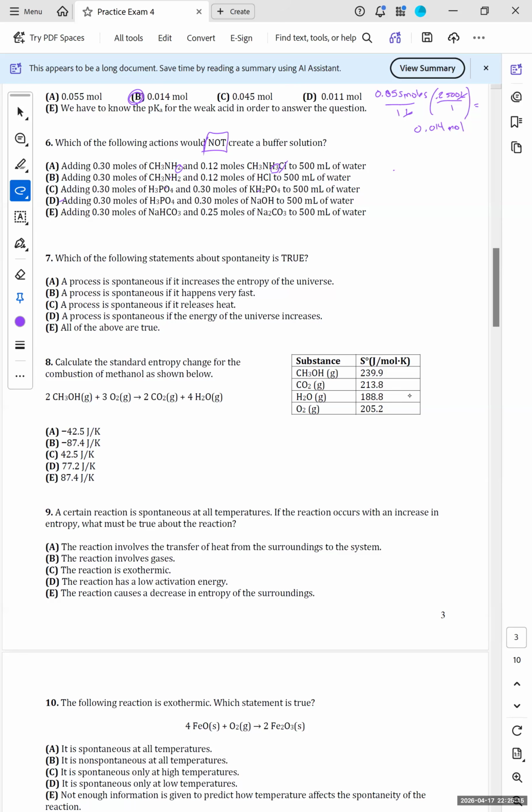CH3 and H2, 12 moles of this, these would react. H3PO, okay. This one doesn't even have. This one is questionable. NaH3, this one gave up its hydrogen, so this one would also make a buffer solution. So the one that's most questionable to me that I think would not create a buffer solution is D.